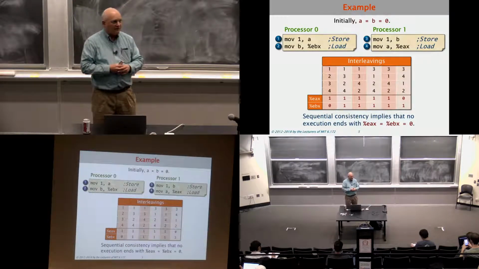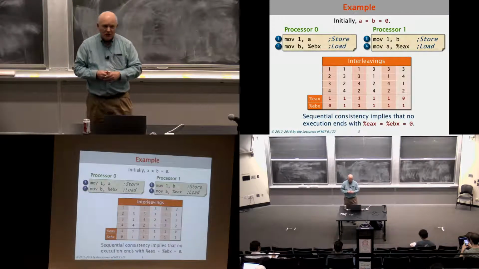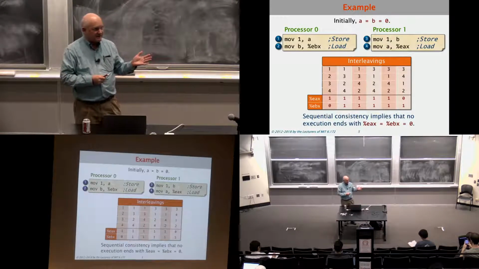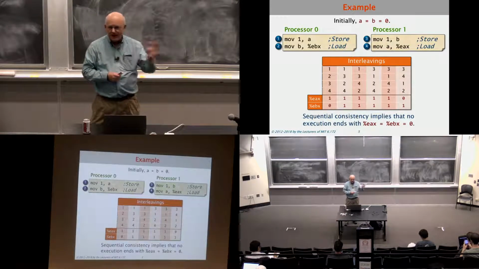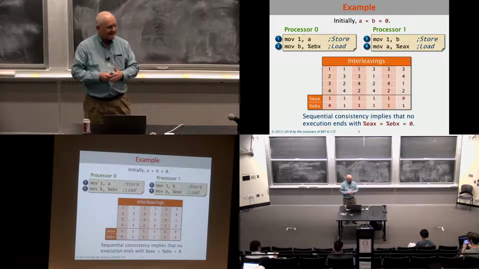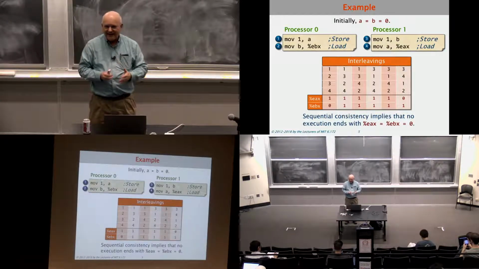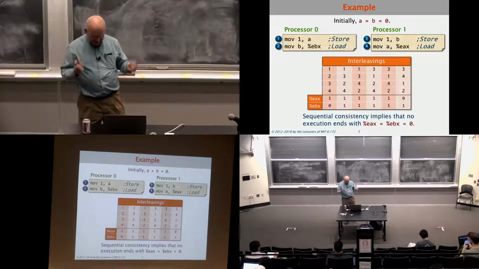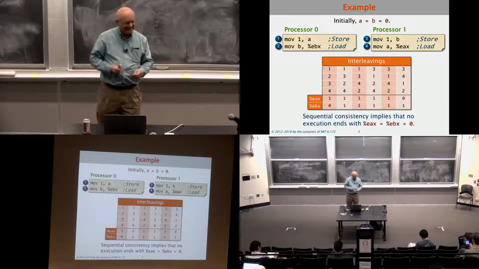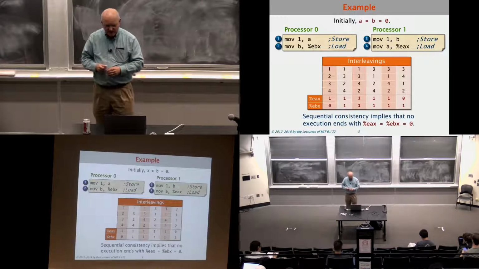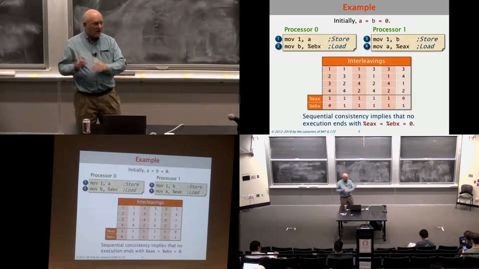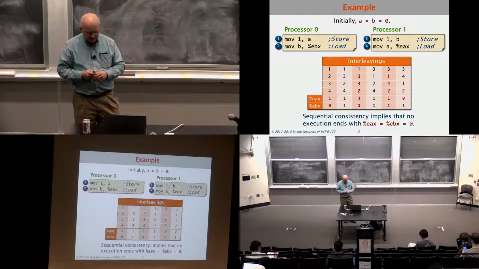But it turns out, interestingly, that of modern computers, none implement sequential consistency. Why? Because life would be too easy then. None of them do that. So we'll get there. We'll talk about what modern machines do.